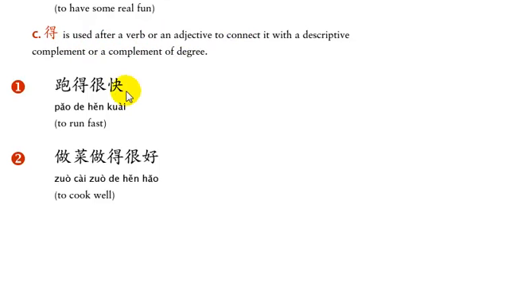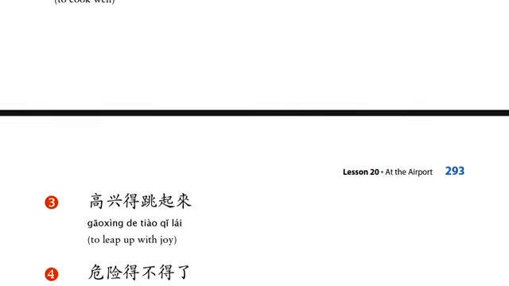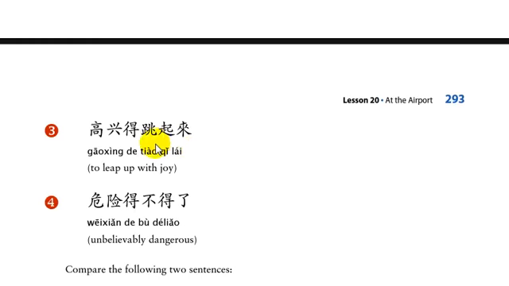Okay, so now with the first 的, we had nouns here like cake or bedroom, and then up above just now we had verbs, so eat or walk, and now here at the end of the sentence after the 得 here we have adjectives. Okay, quick, good. See what else we have. Quick, good, to rise up. Okay, so let's see what these sentences are.